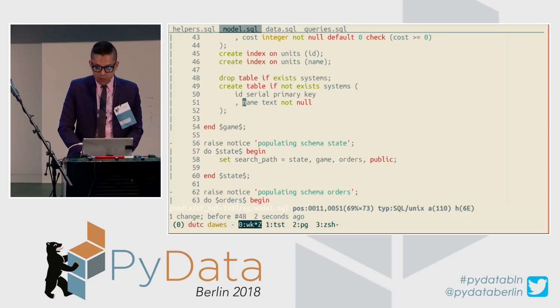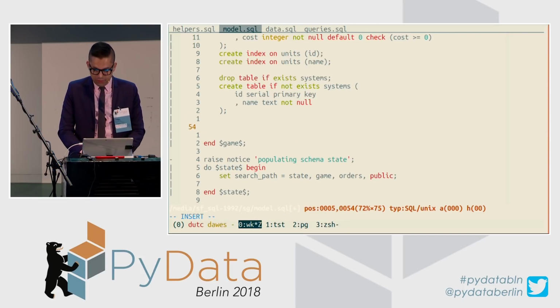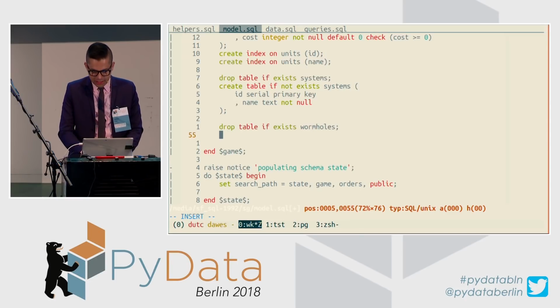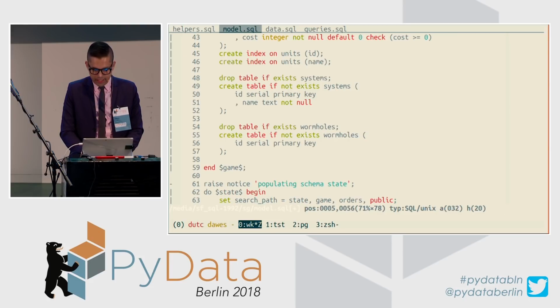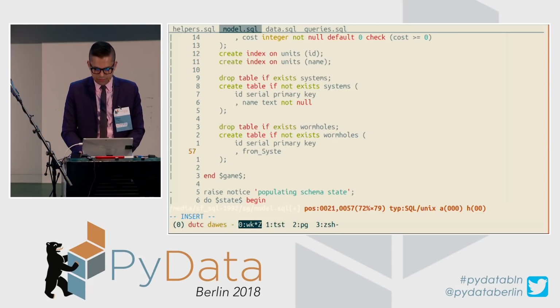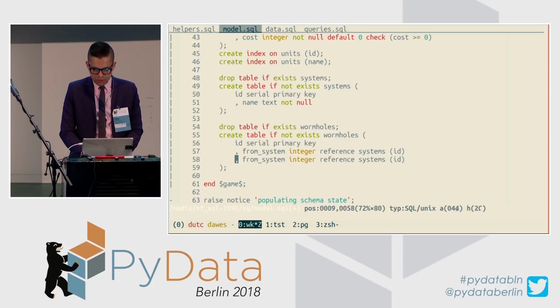Now, with that, the only last piece that I really need in order to complete my definition of what the game looks like is the wormholes that connect each system. I can say this just goes from some system and it goes to some system.